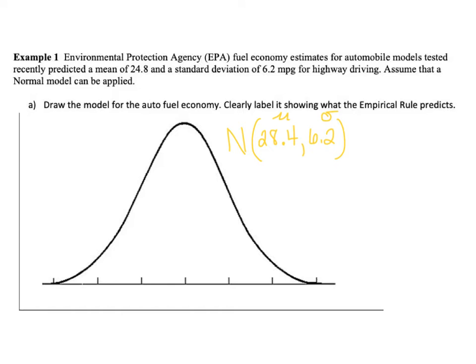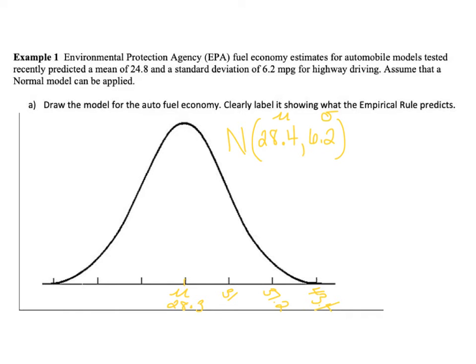Since I am specifically told that a normal model can be applied, I'm going to start labeling my normal model. I've started this already. Notice the tick marks that I've written. This first one is my mean, and I'm going to label this as 24.8. Now I'm going to add 1 standard deviation onto the mean, and I will continue to add. 37.2, and 3 standard deviations away would be 43.4 miles per gallon.